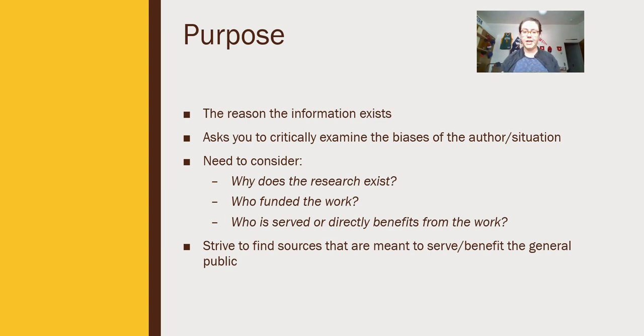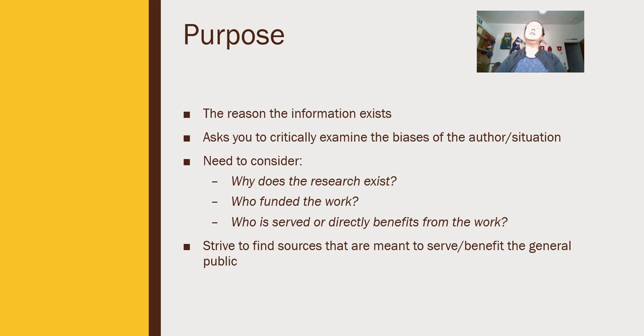Now, I will recommend, I think, some of the strongest evidence that you can incorporate, especially for Project 4, which focuses on engaging public issues more closely, I would say strive to find sources that are meant to serve or benefit the general public.